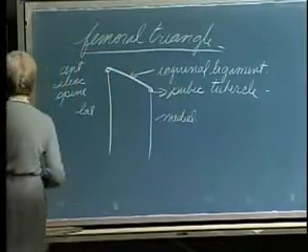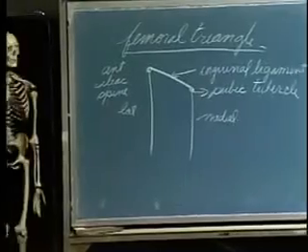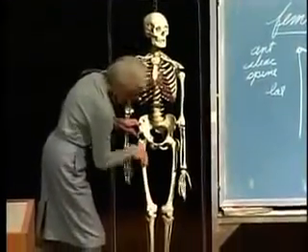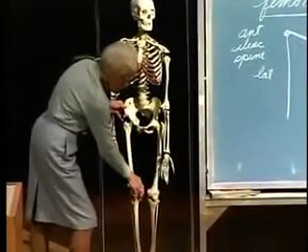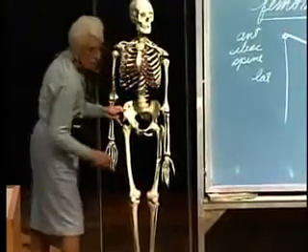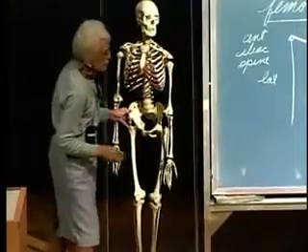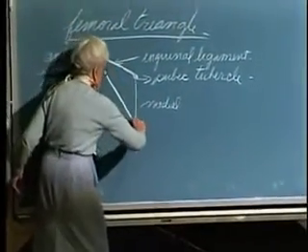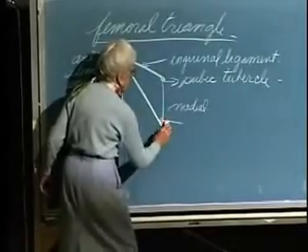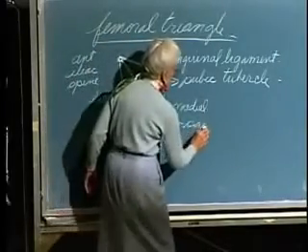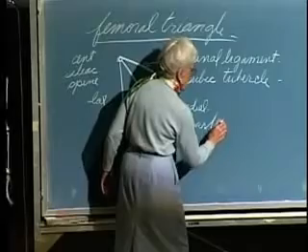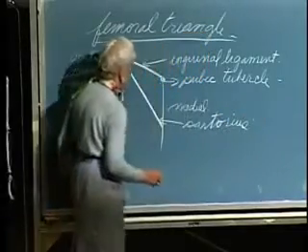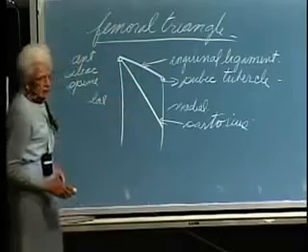And who's going to tell me what muscle is crossing from the anterior iliac spine to go down to the medial aspect? What is it? Sartorius, sure. So we're going to put in the sartorius. And now we've made a triangle.